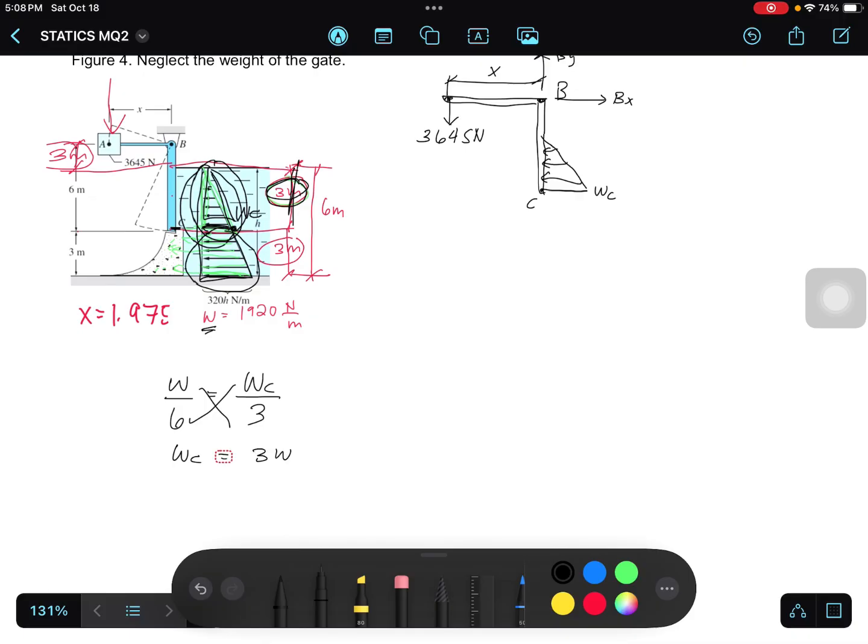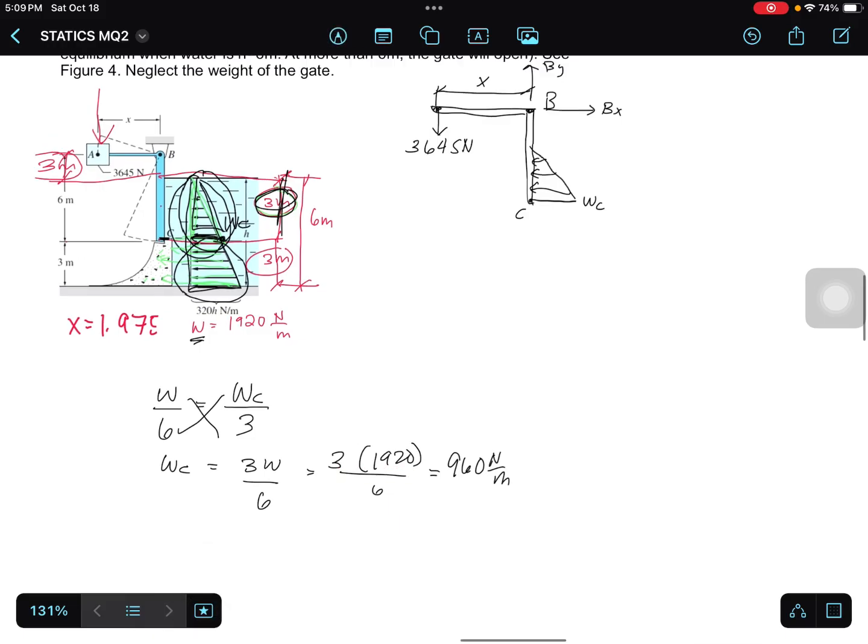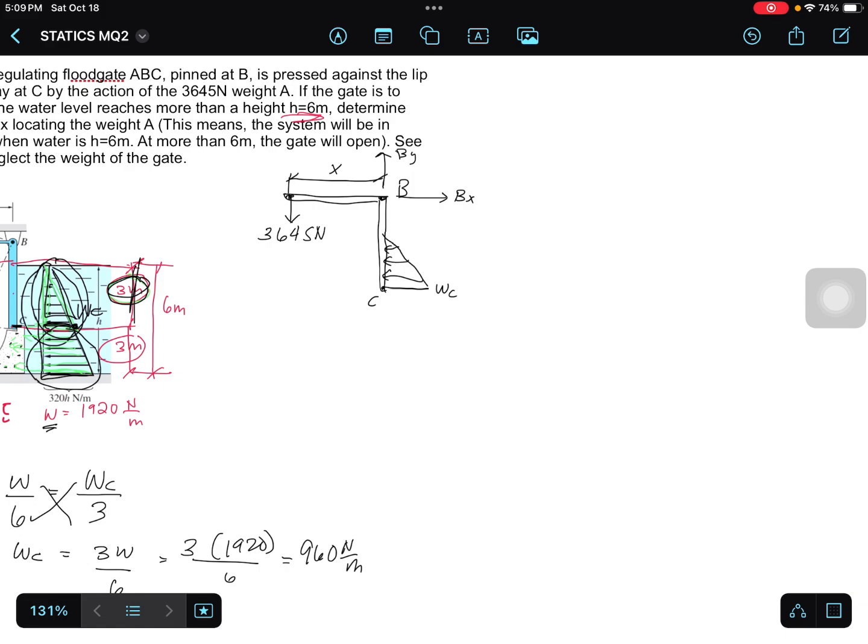It will be 3W divided by 6. So, W is 1920. So, our WC is 3 times 1920 divided by 6. 960 Newton per meter ang WC natin. So, WC like 960. Okay?